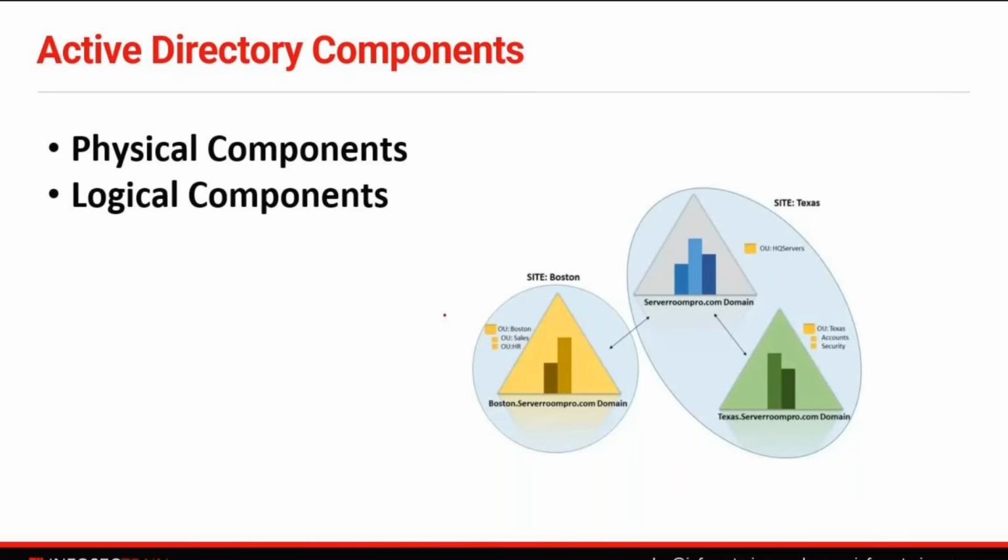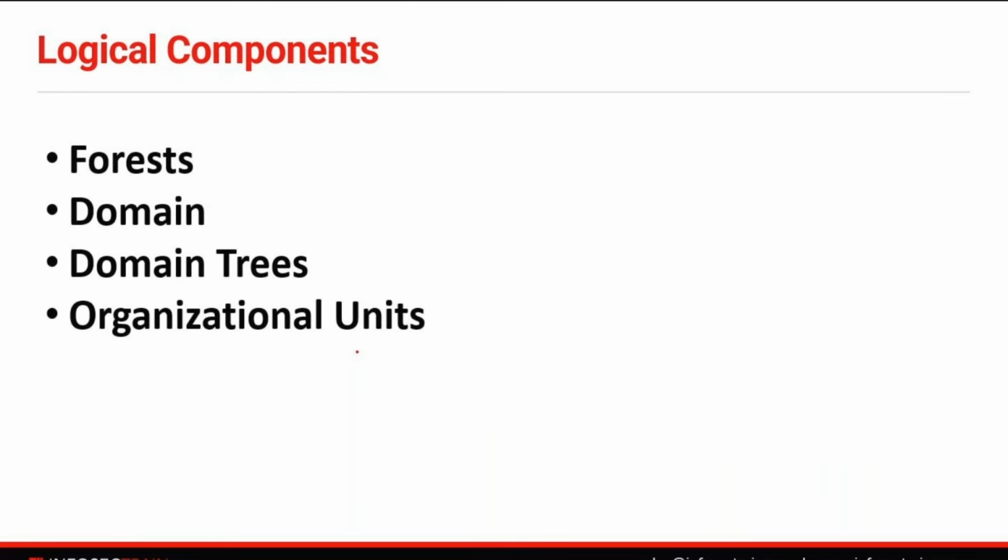Now, the first we have is logical components. What are logical components? Each business has its own hierarchical organization layout. It may contain multiple branch offices, multiple groups of companies, and many different departments. Each of these components in the business carries out different operations.